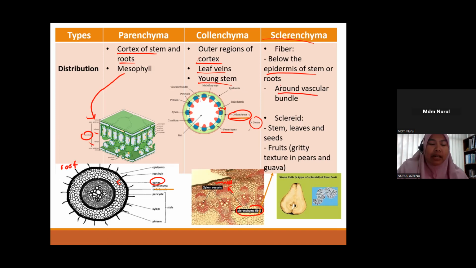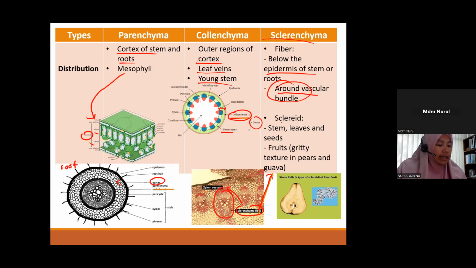I'm sorry, I missed out. So this picture is sclerenchyma cells. You can see it is found below the epidermis of stem or around the vascular bundle. So this is the vascular bundle, and it is found around it.